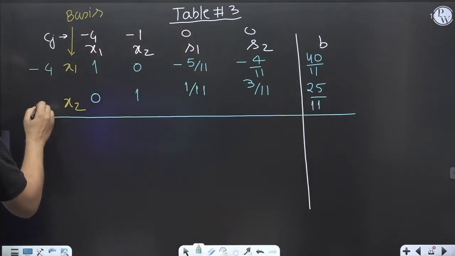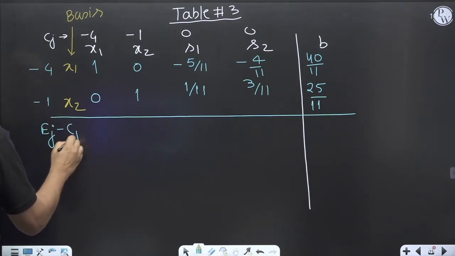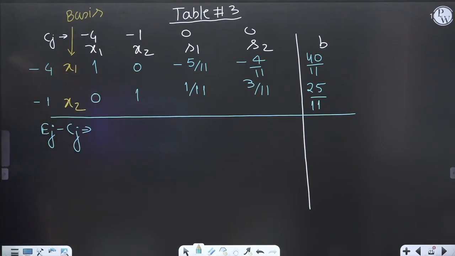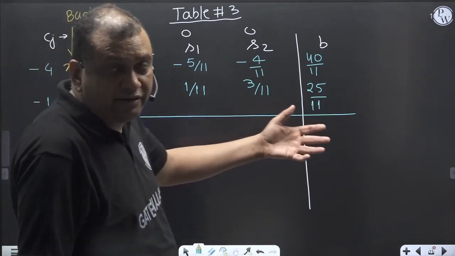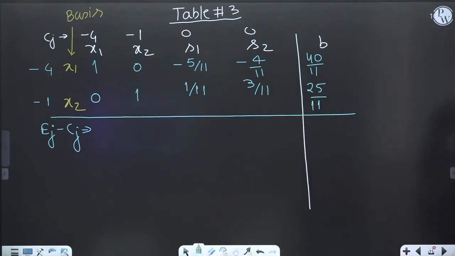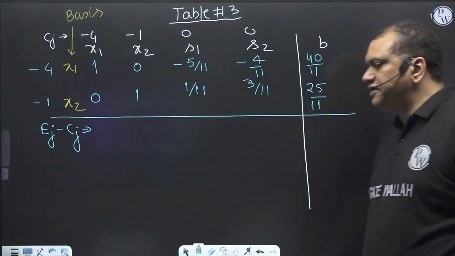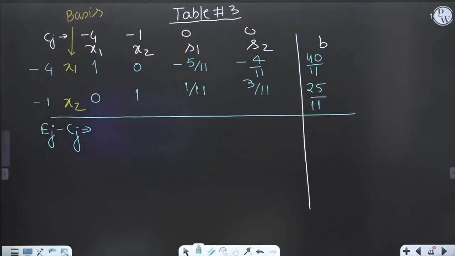Coefficients are -4, -1. You can first of all find out Zj, then Cj minus Zj. Just waiting for 15 seconds so that you can do it quickly. Calculation in the exam, you have to be very fast. And these things come by practice.